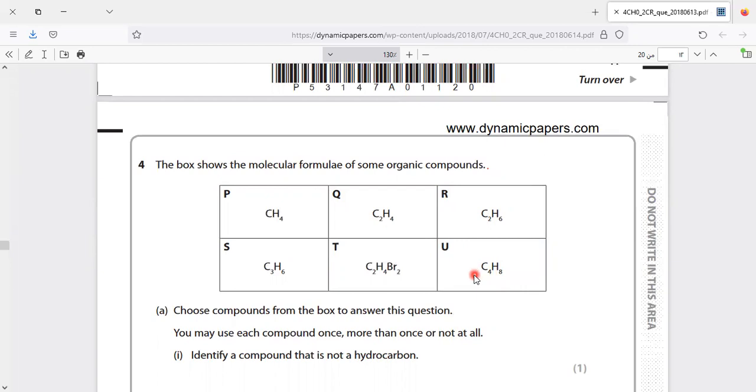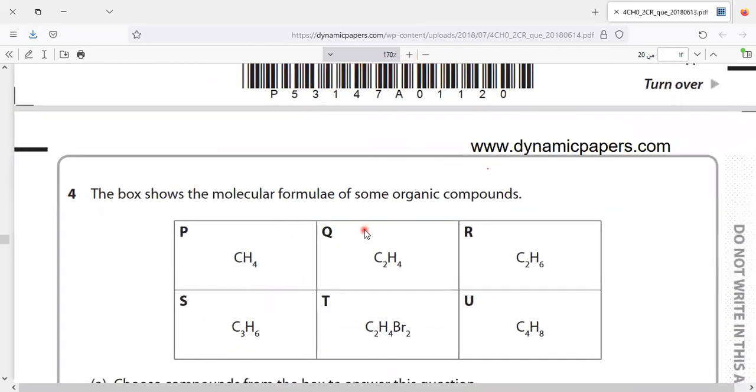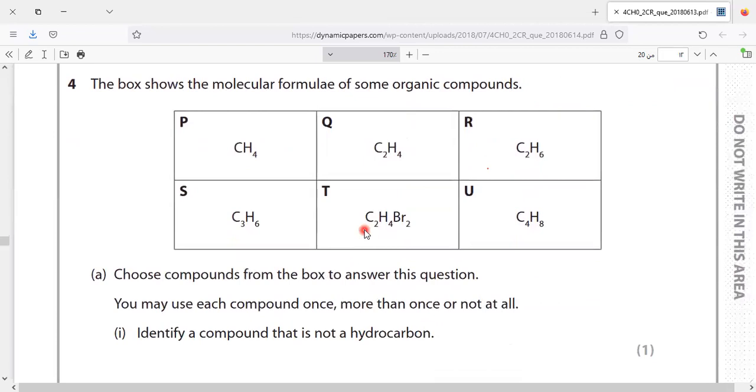So kindly draw in your paper 2 isomers for C4H8, then send to my WhatsApp. Go ahead.